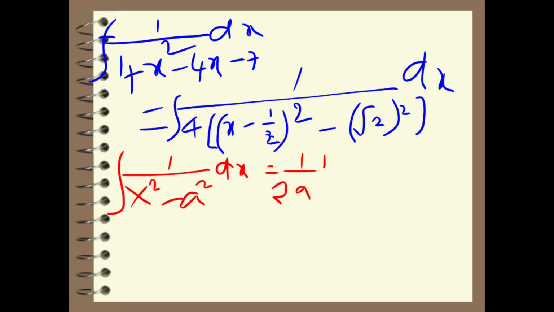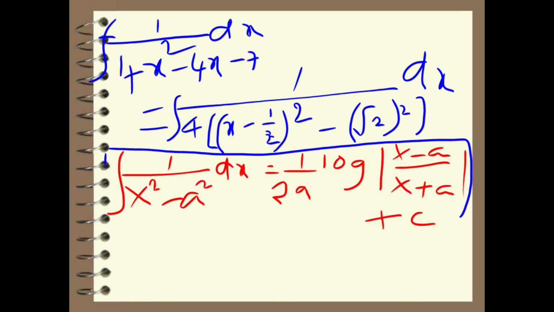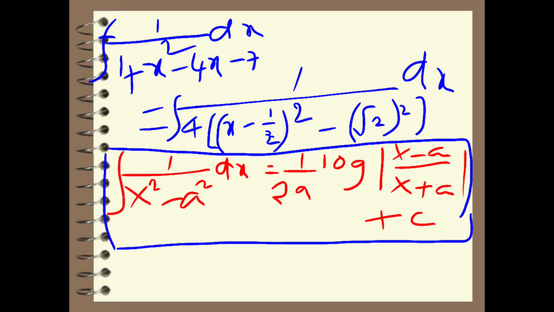Yes, exactly. 1 by 2a log of x minus a by x plus a, plus c. This is the formula for integration of 1 by x square minus a square into dx.